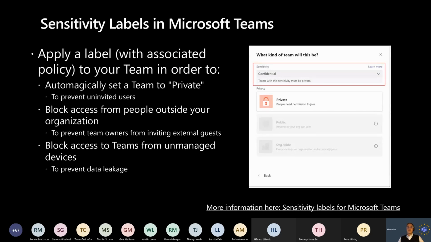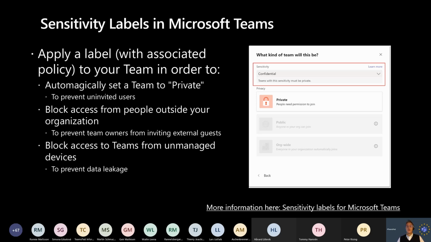Sensitivity labels have become really useful now that you can use them on Microsoft Teams and SharePoint, of course. You can create a sensitivity label that, when applied during team creation, allows users to create teams with a specific privacy, public or private setting.